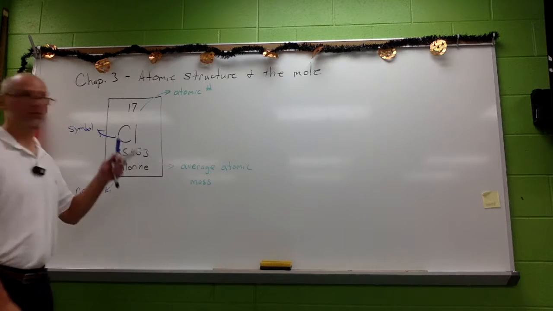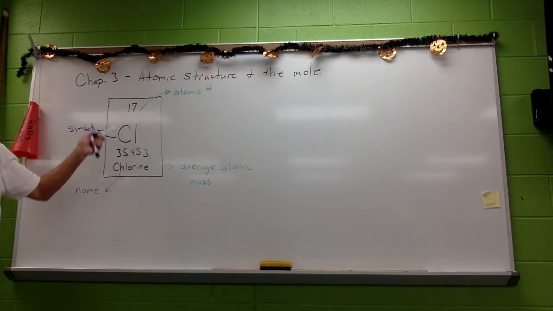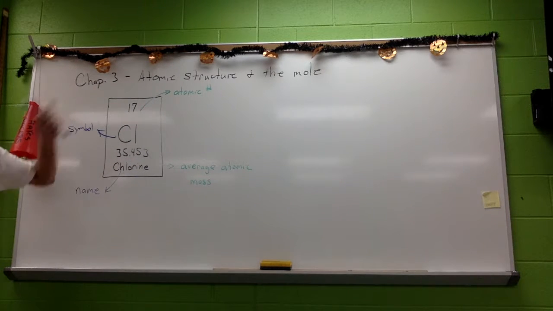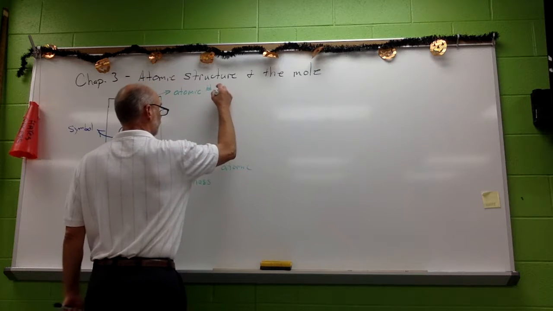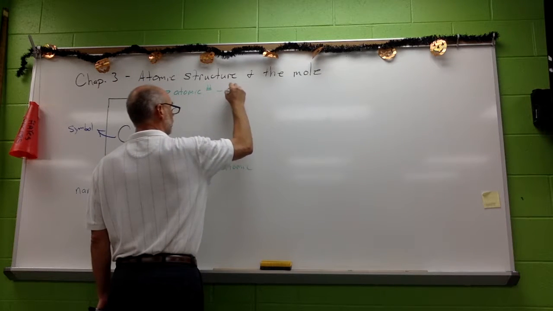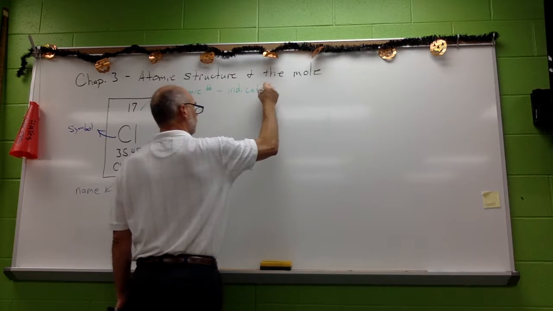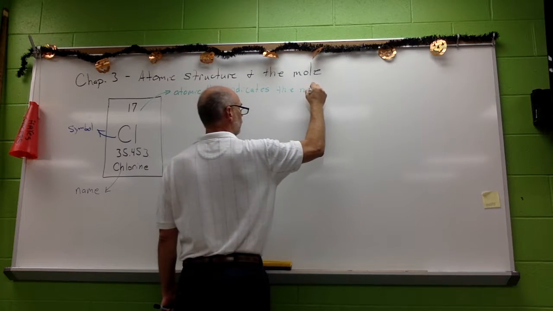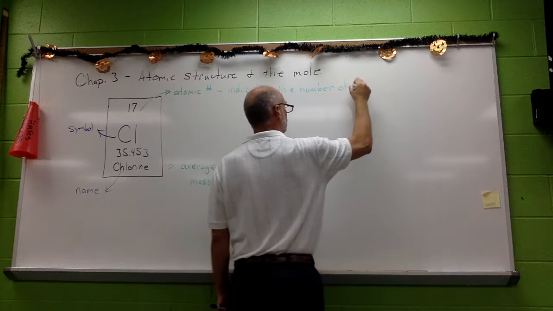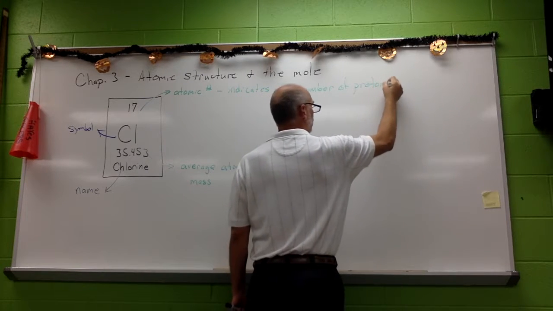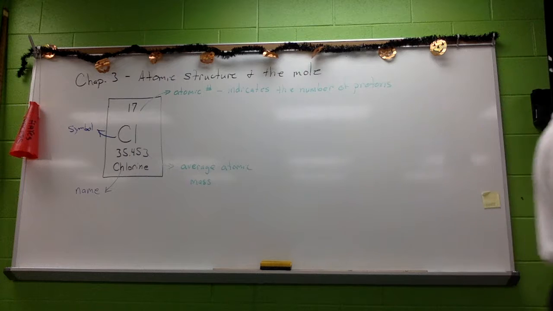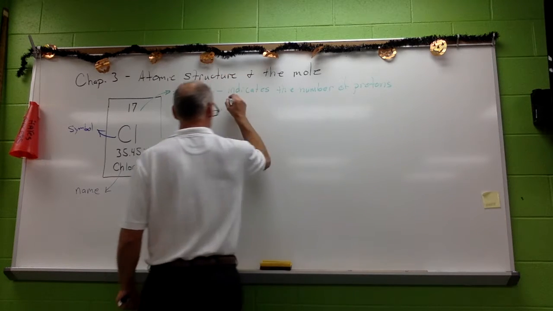Okay, does anyone recall, you've learned some of this, yes? The atomic number, what information does that provide? It is the number of protons. Now, if it's a neutral atom, meaning it has no charge, that means it's also the number of electrons.